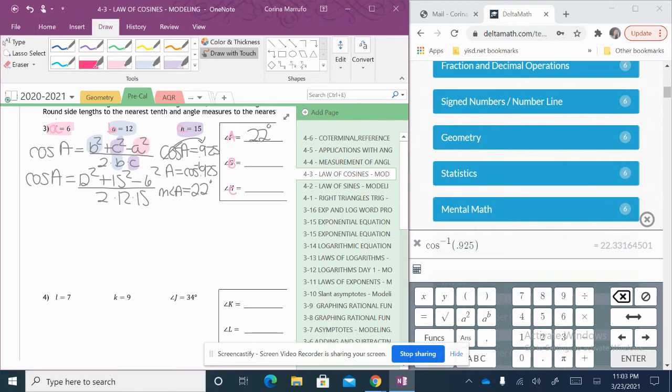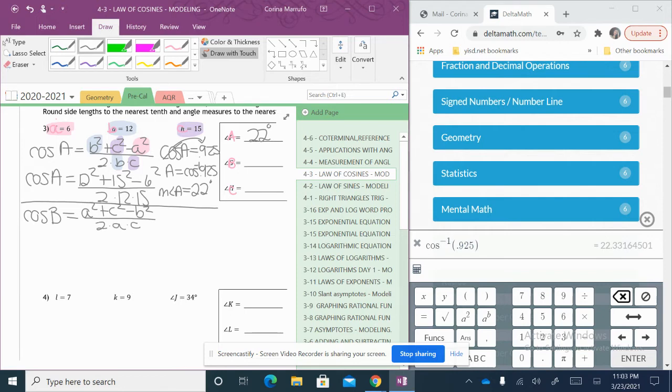To find angle B, I'm going to go ahead and write the formula. It's going to be cosine of big B equals a squared plus c squared minus b squared over 2 times a times c.